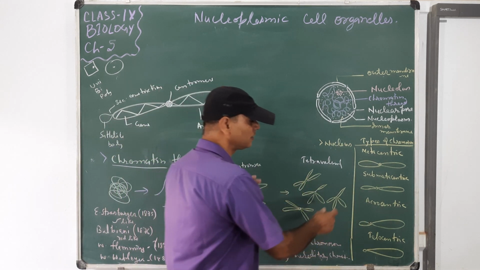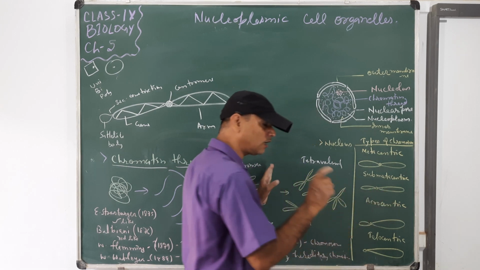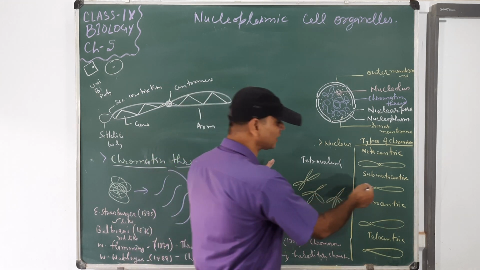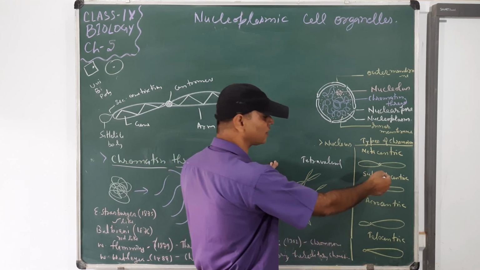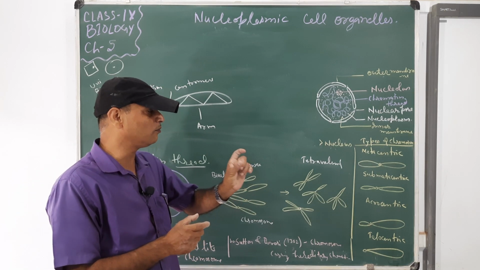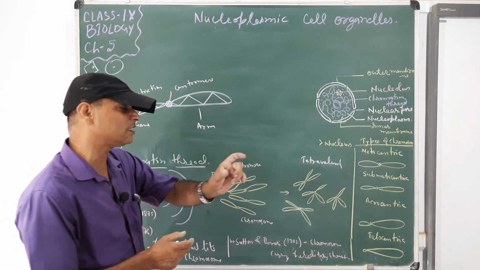Submetacentric means the two arms are not very unequal but unequal. The centromere just moves towards the right or left of the chromosome, which makes one big arm and one small arm.